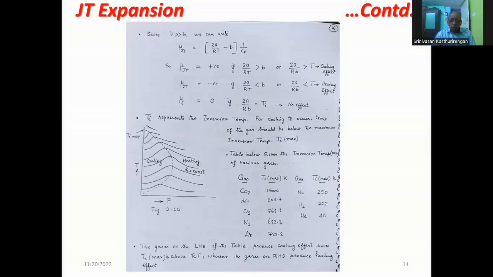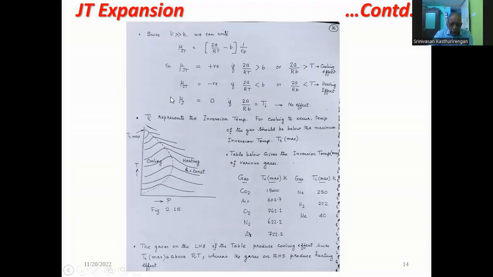If μ_JT is positive, it will produce a cooling effect. If μ_JT is negative, it will produce a heating effect. Suppose 2A/RB is equal to the temperature Ti, then in that case μ_JT is equal to 0. In other words, there is neither heating nor cooling for the gas.